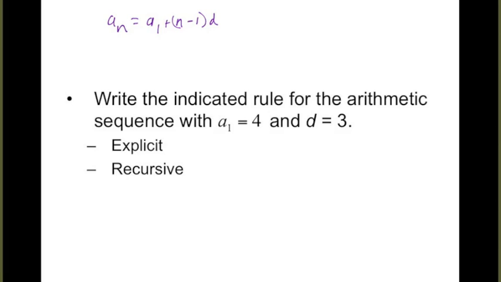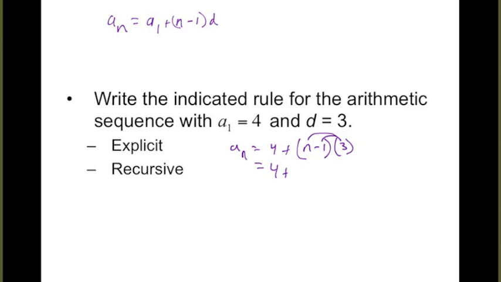So an explicit rule should have an n in it and no a sub things in it. Because then I can plug in any number I want and find out what a term of the sequence is, even if it's way down the line. So for this one, we're going to have a sub n is a sub 1, which is 4, plus n minus 1 times d, which is 3. You always need to clean up your formulas.